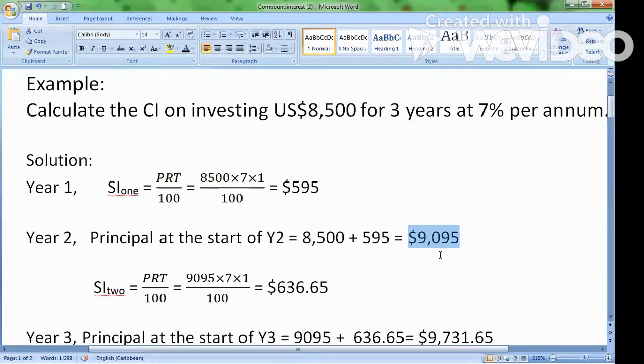So January 1, year 2, what is your new principal? 9,095. And then you go down and use the formula again. But you use 9,095 for the principal rather than what? 8,500. And the year is still what? 1. You do the same thing, you get 636.65. When you get the 636.65, you add that interest to the principal of year 2, which is $9,095.